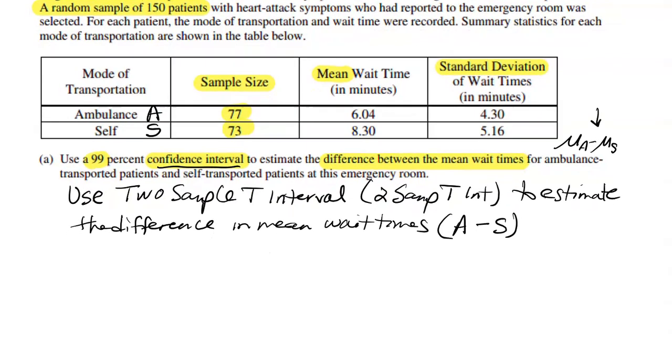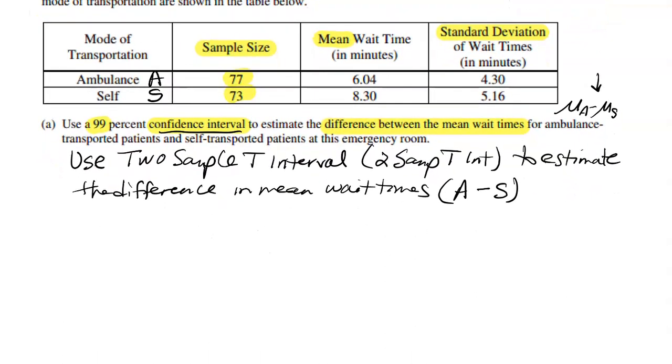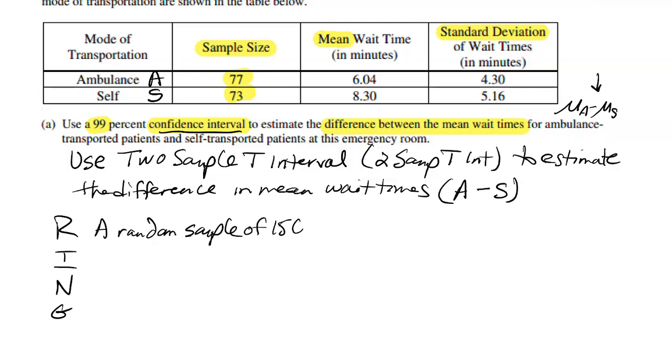Before we do this, we want to make sure that the conditions are met. So we have R, I, N, G. Now in this question, it said we had a random sample of 150 that we separated into two groups, and those are independent groups.